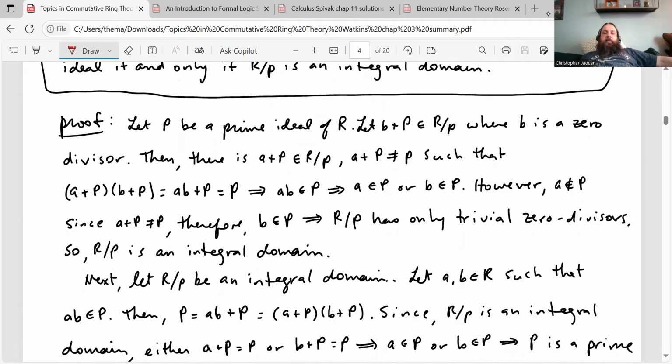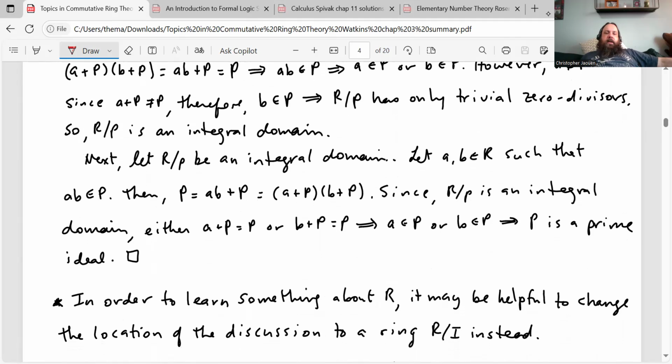Then there's a + P in R mod P, a + P not equal to P, such that (a + P)(b + P) = ab + P = P, which implies ab is an element of P, which implies a is an element of P or b is an element of P. However, a is not an element of P, since a + P is not P. Therefore, b is an element of P, which implies that R mod P has only trivial zero divisors. So R mod P is an integral domain.